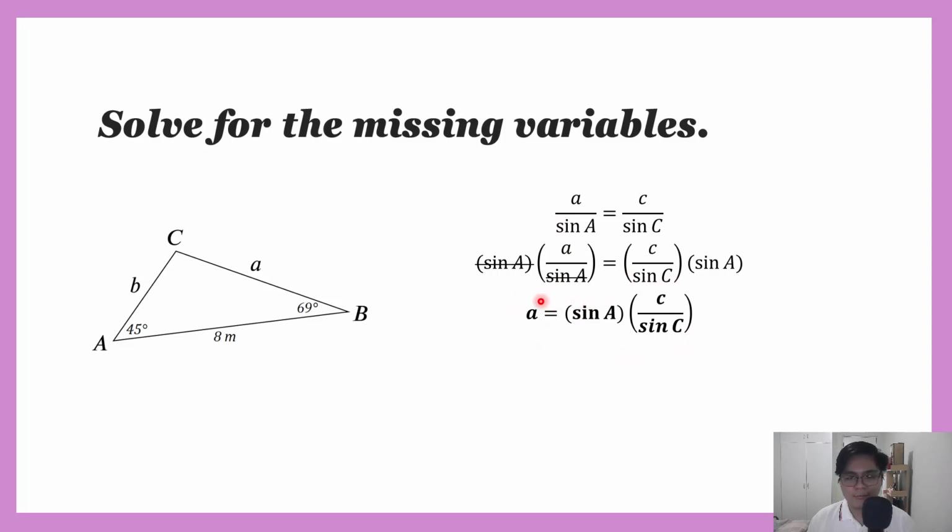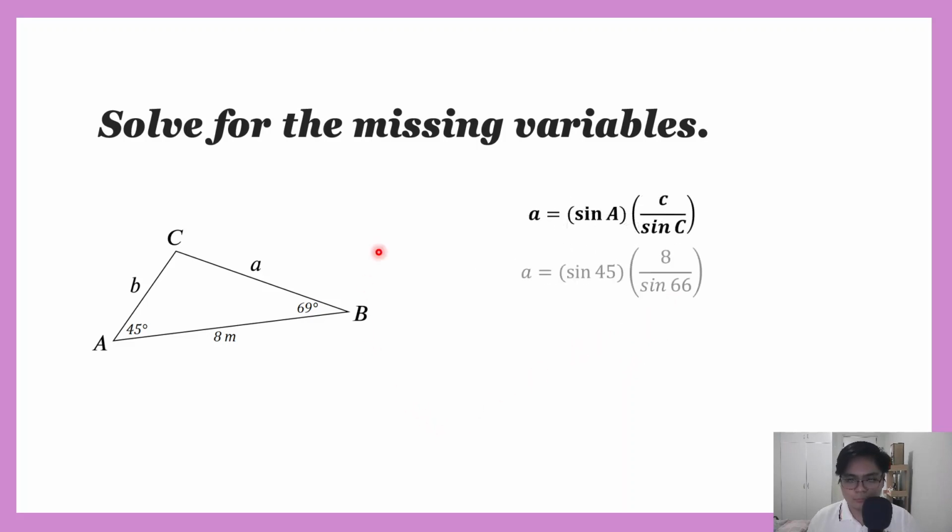To cancel out sine A on this side, we multiply sine A on both sides, which will result to a equals sine A multiplied by c over sine C. We now substitute. a equals sine 45 multiplied by 8 divided by sine 66, and we have a equals 6.19 meters when rounded off to 2 decimal places.